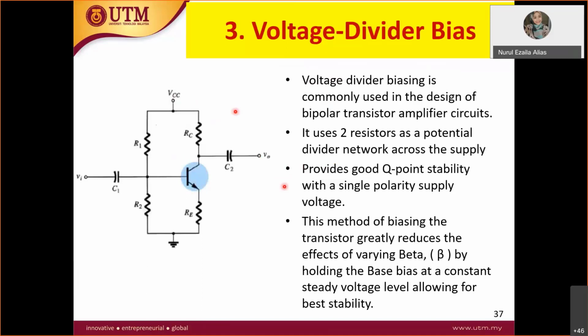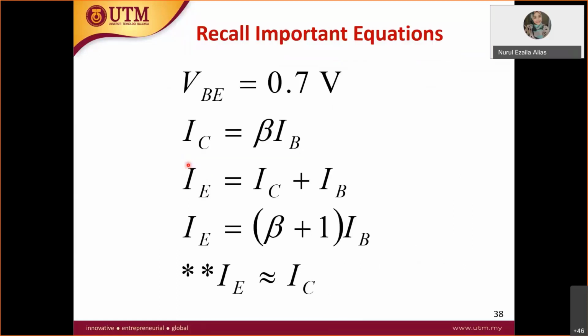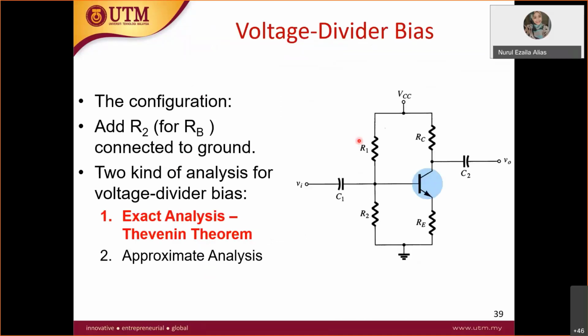This method of biasing the transistor greatly reduces the effect of varying beta, which means this type of circuit does not depend too much on the beta value. So it is more steady and has the best stability. Again and again I put this. By the end of this class, you should have memorized all this.